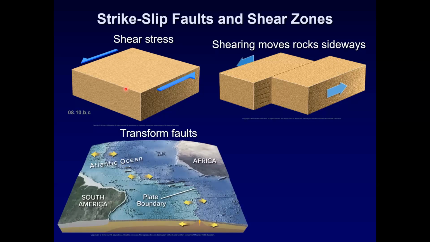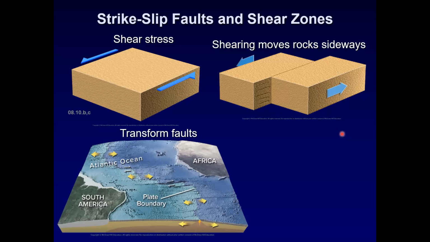Shearing in the upper crust of the earth occurs along faults, but at greater depths, shearing will occur along a shear zone. And then shear within plates can offset rocks, say, hundreds of kilometers or less than a meter. We can get something called drag folds associated with that.